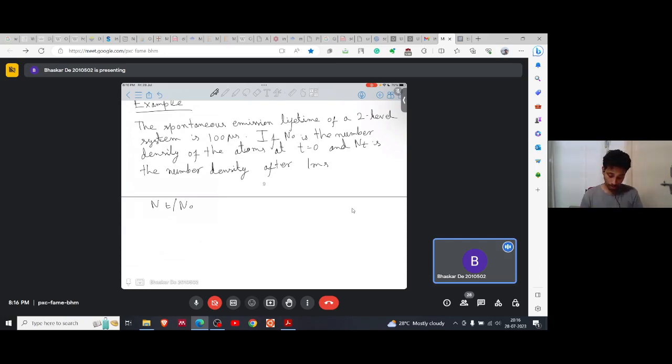So basically here we are given tau equal to 100 microsecond, that is 100 into 10 to the minus 6.